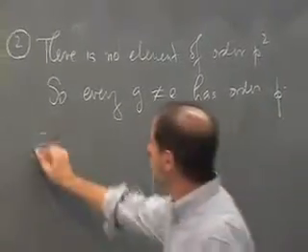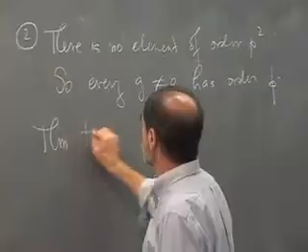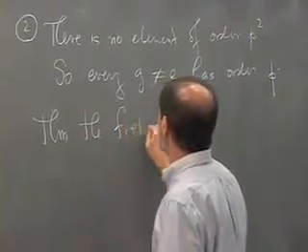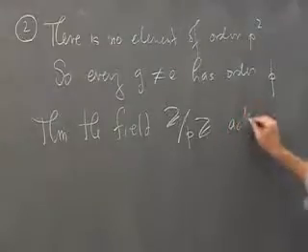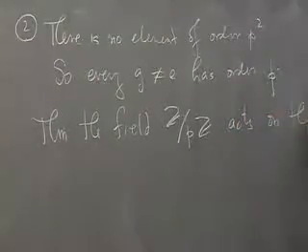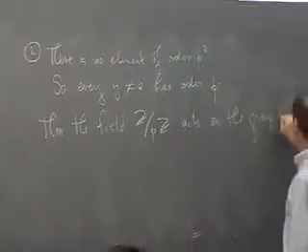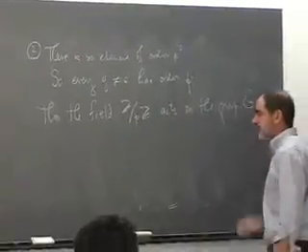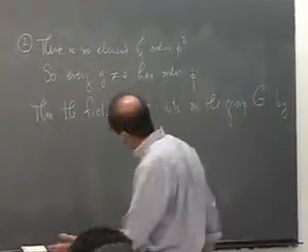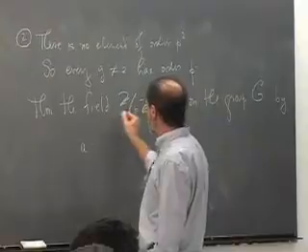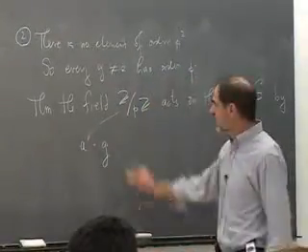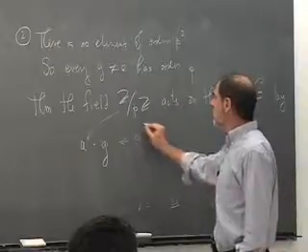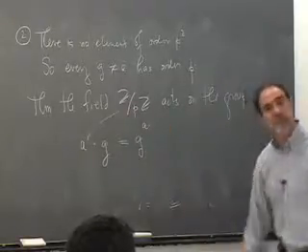Then the field Z mod pZ acts on the group G by, well, a in this field times an element g in the group is g to the a-th power.